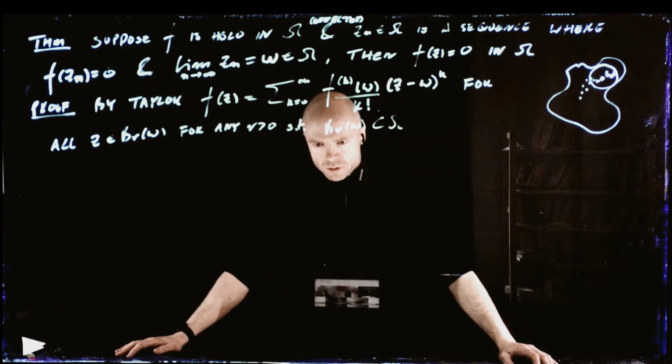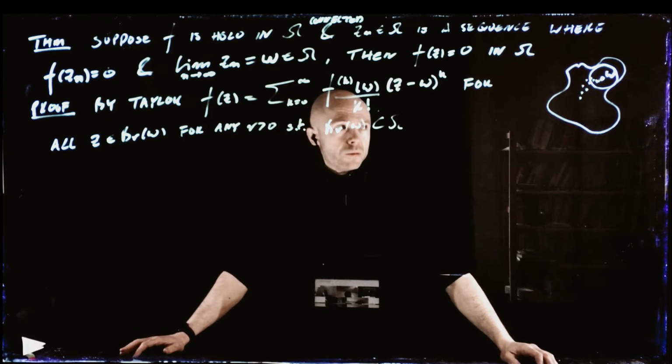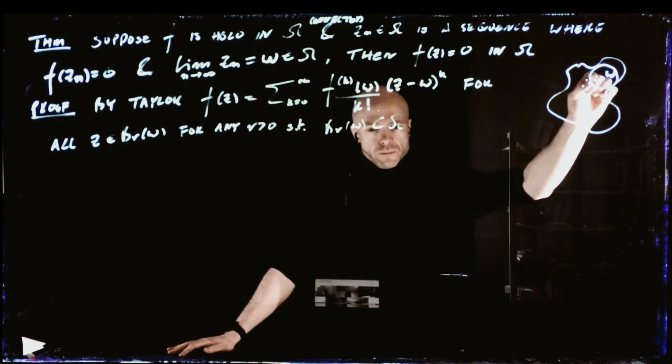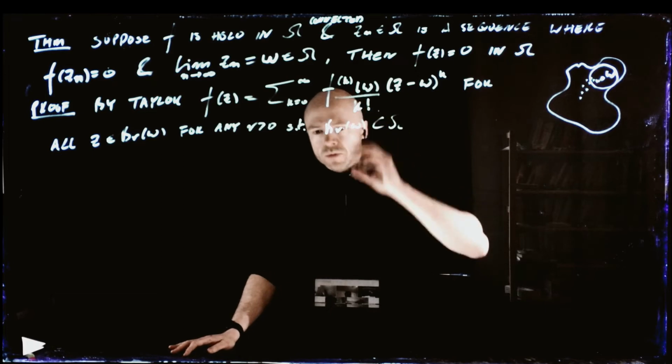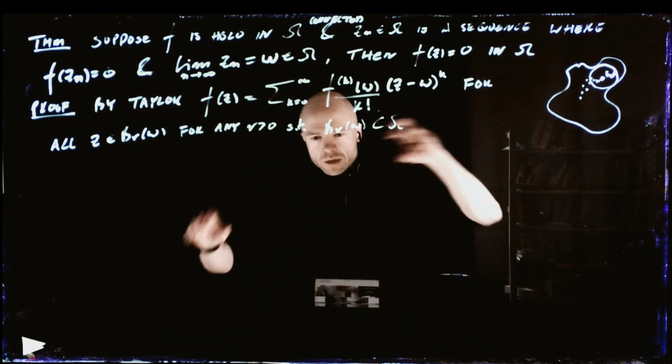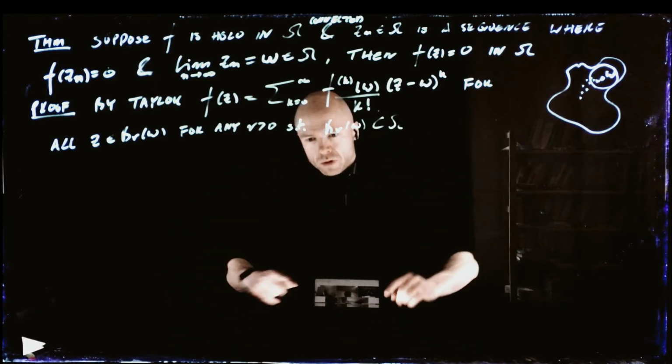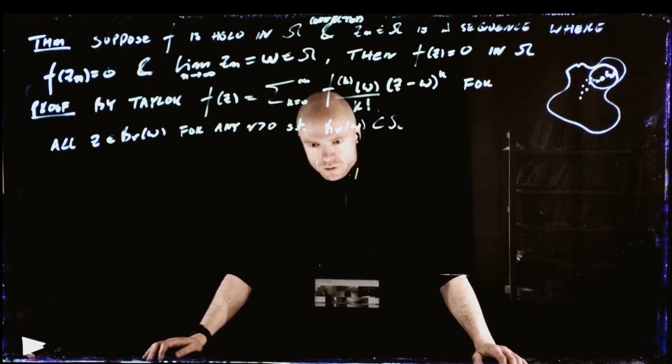Yeah? So it's a remarkable theorem in that we can look at behavior at just one point, and then we know exactly what the function is going to do in some entire ball around that point. Yeah? You see what I mean, people? Yeah?